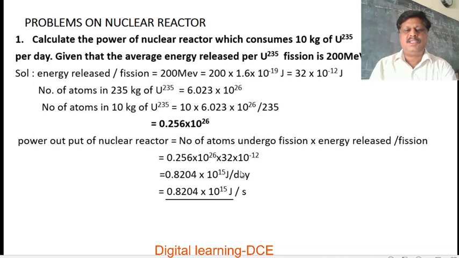We have to convert this joule per day into joule per second by dividing by 24 into 60 into 60, that is 1 day is equal to 24 hours into 60 minutes into 60 seconds, which gives 3600 seconds. After dividing, we get 9495 into 10 power 6 watt or 9495 megawatt or million watt is the output power from the reactor.